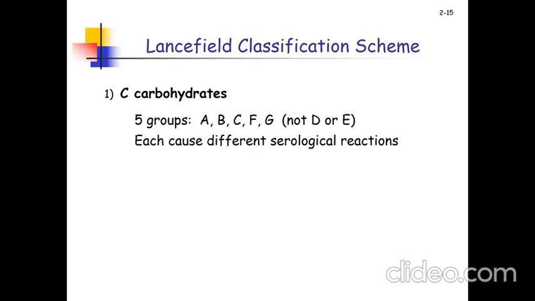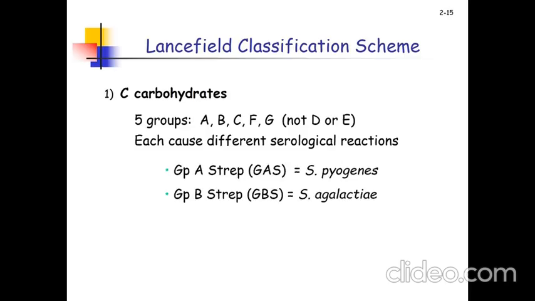She determined 5 groups that had the C carbohydrates: A, B, C, F, and G. Group A was tied to Streptococcus pyogenes, and group B to Streptococcus agalactiae. There are other ones too: group C, group F, group G, but not D or E, and we'll talk about those more in just a moment.